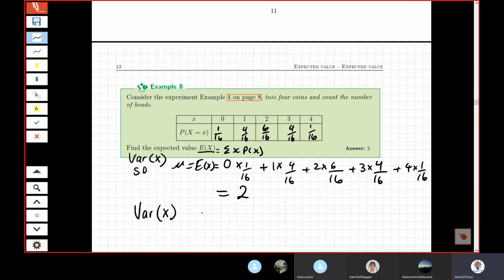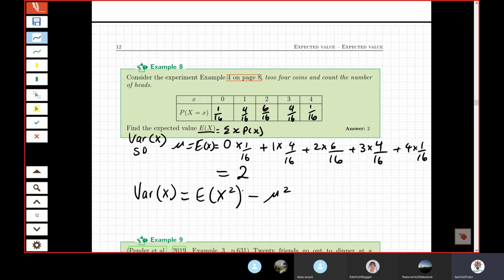Variance of x. The formula for the variance of x, there's a few. The one I like to use is this. Just look at it for a second. Variance of x is equal to the expected value of x squared minus mu squared. What part of this do we already know?